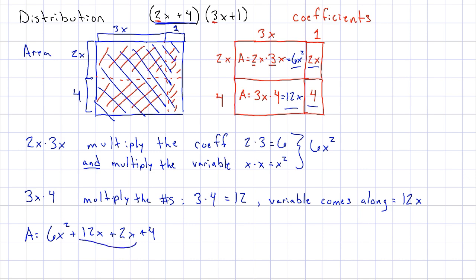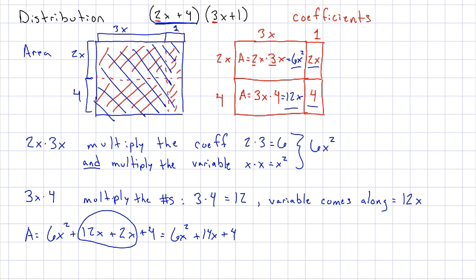These components here, except for the numbers, the x values exactly match. There's no square, there's nothing else, it's just x, which means that I can combine them. So I have 6x squared plus 14x plus 4.